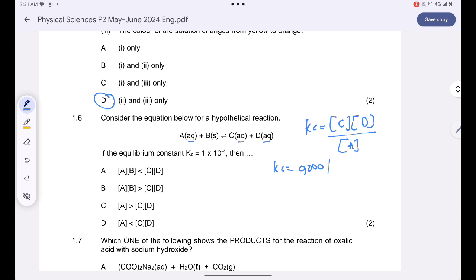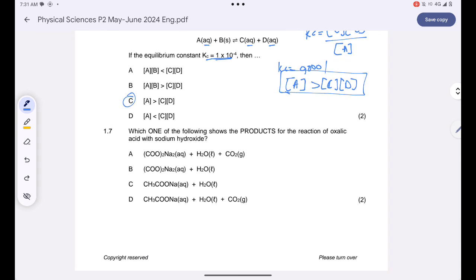Are you together? For me to get a proper fraction, that simply means the denominator should be greater than my numerator. That means the concentration at the denominator should be greater than that of the numerator. So in this case, for us to get this Kc, this statement needs to be true. So C is my correct answer.